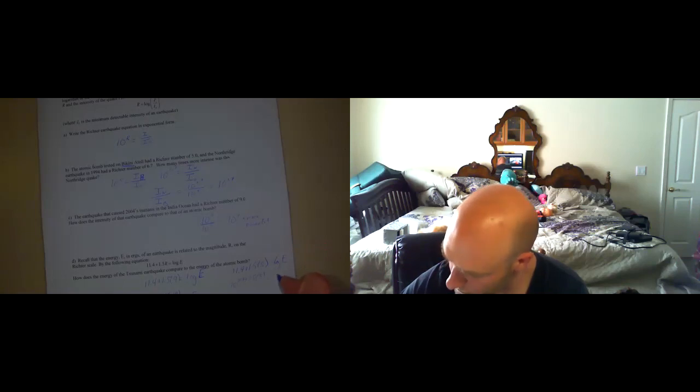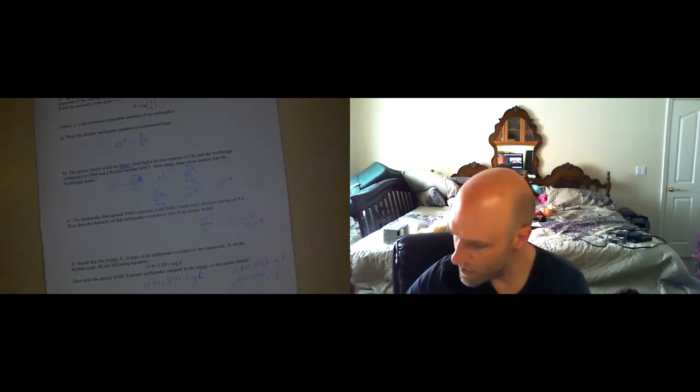So 10 to the 11.4 plus 1.5 times 5 is equal to E. And now I'm going to get 7.94 times 10 to the 18th. So comparing them, really everything goes away. It is 10 to the 6th times more powerful, 10 to the 6th more energy.